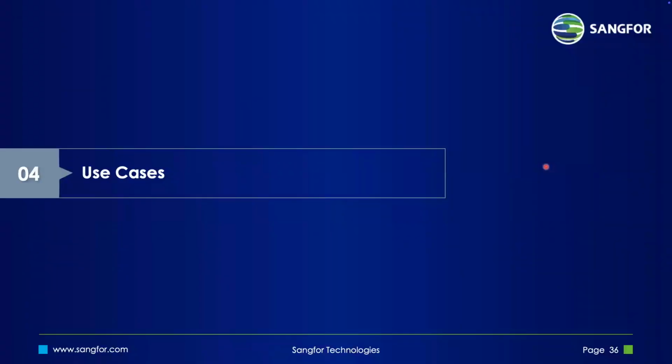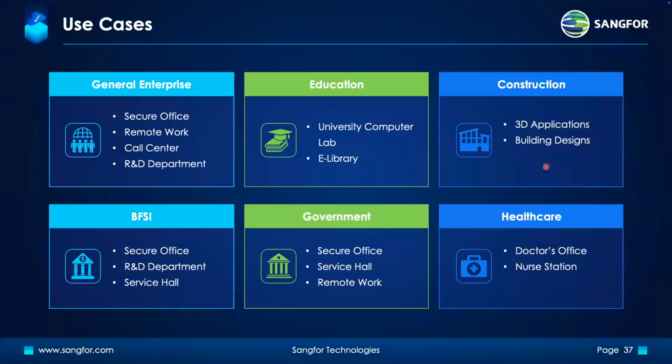So quickly moving forward, the part where we talk about the use cases. Now, let's take a look at a few of the vertical use cases where we have a good number of references and where we can be the right fit. For the general workloads, many companies nowadays have offices with remote workers and call centers.